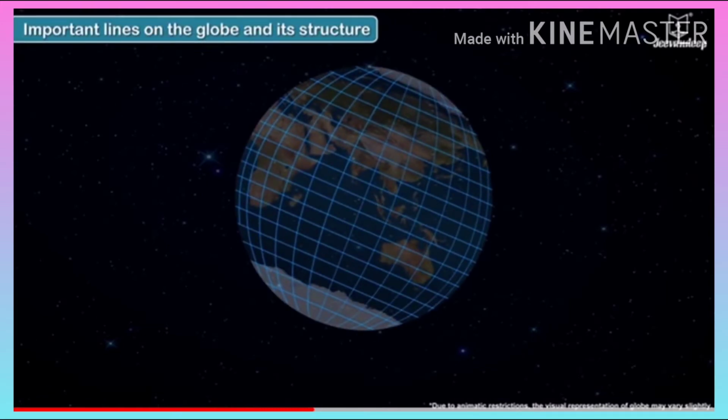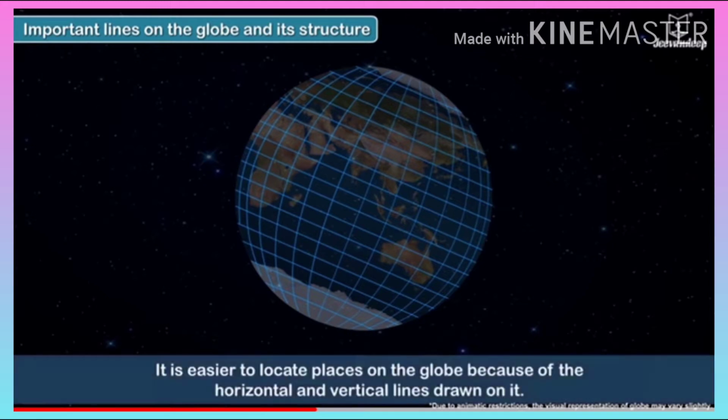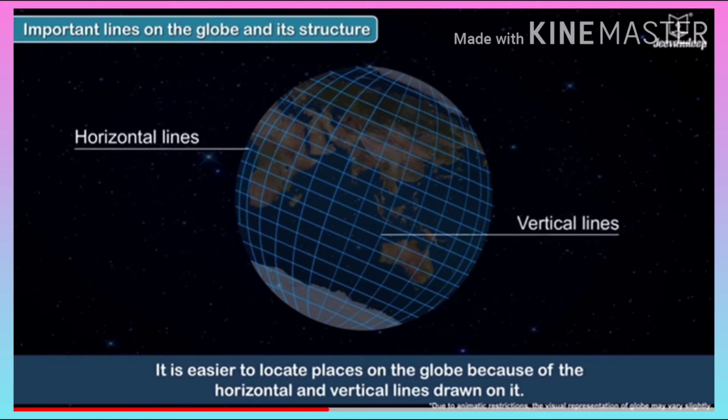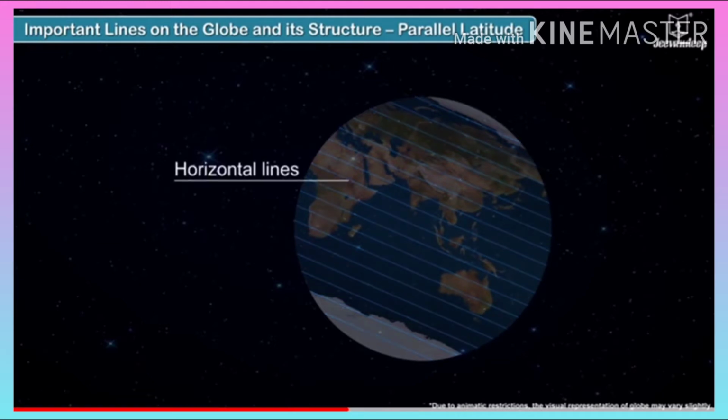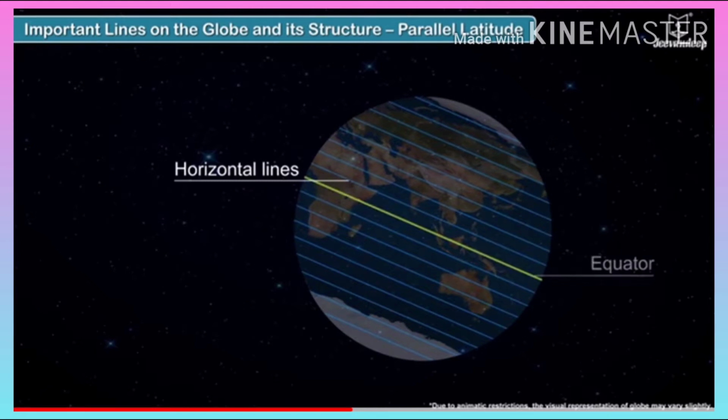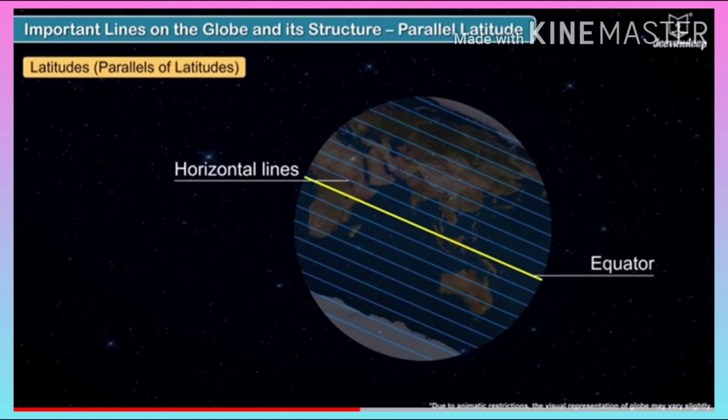Important lines on the globe and its structure. It is easier to locate places on the globe because of the horizontal and vertical lines drawn on it. Parallels of latitude. When we look at a globe, we find horizontal lines drawn on it running parallel to the equator. These are called latitudes or parallels of latitudes. Some important features of latitudes.